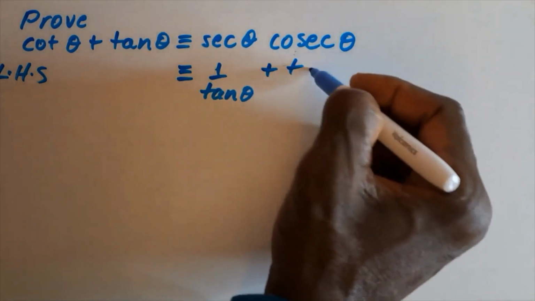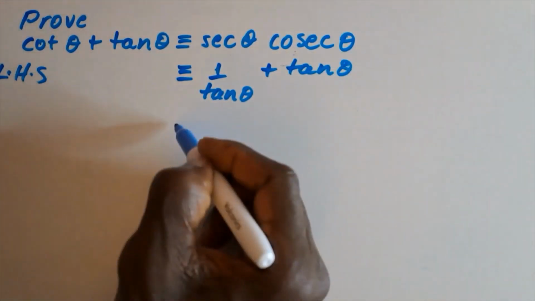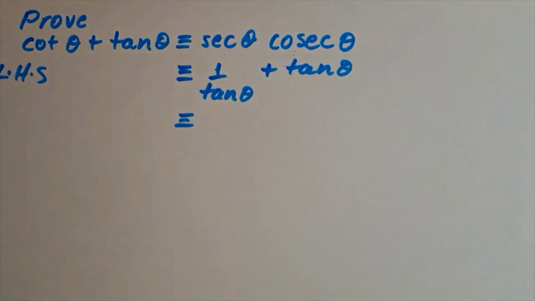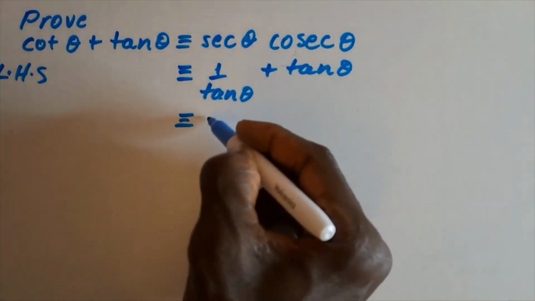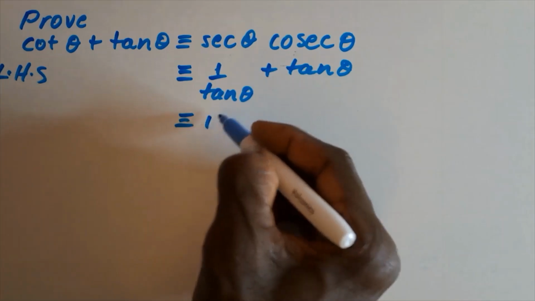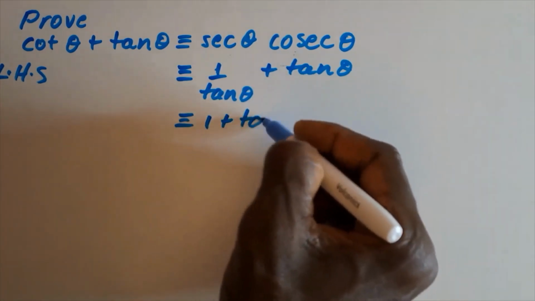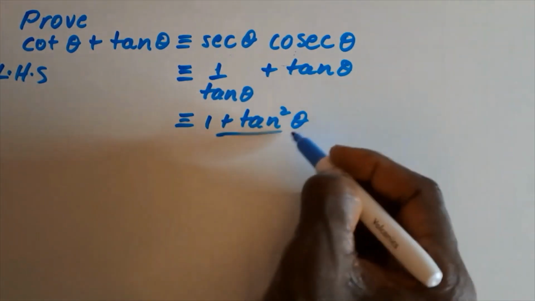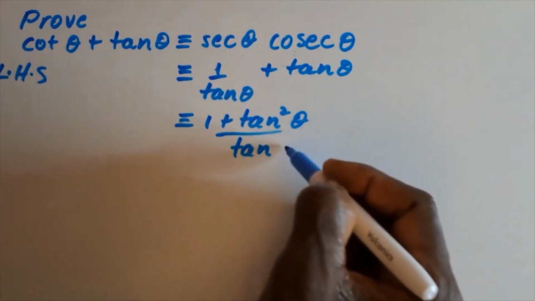We're adding this to tan theta. Again, we'll simplify this because we have a reciprocal and the reciprocal of the reciprocal. So we can write this as 1 add tan squared theta over tan theta.